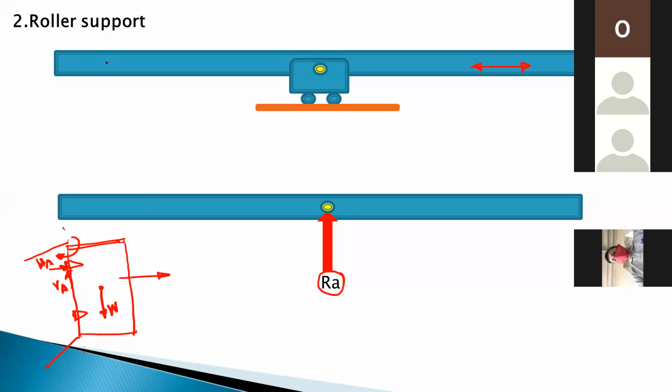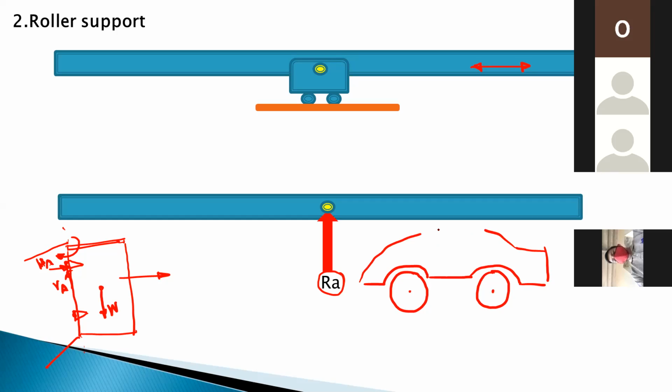Then roller support. For the roller support, we can take the example of automobile wheels. This is called a roller support.